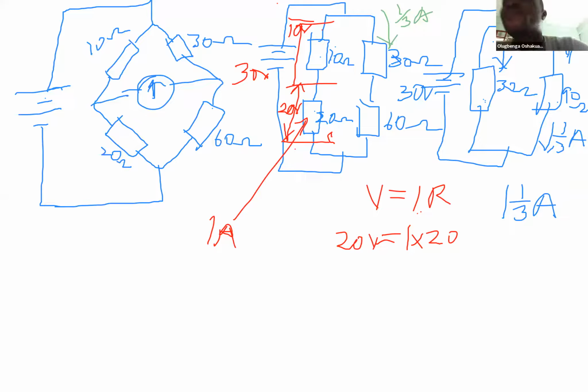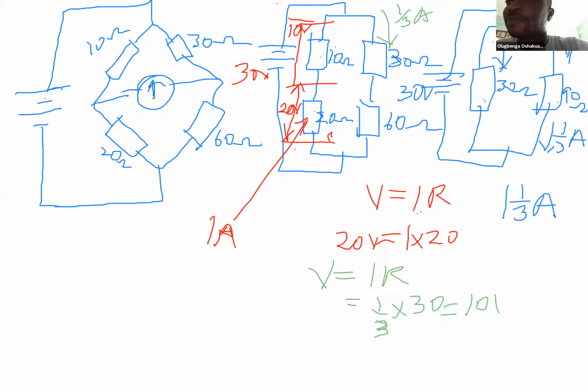So when 1 over 3 ampere flows through the 30 ohm resistor, then V equals IR, our Ohm's law, will give us that the voltage that will drop will be current 1 over 3 times resistance 30 ohms, and that will mean 10 volts.